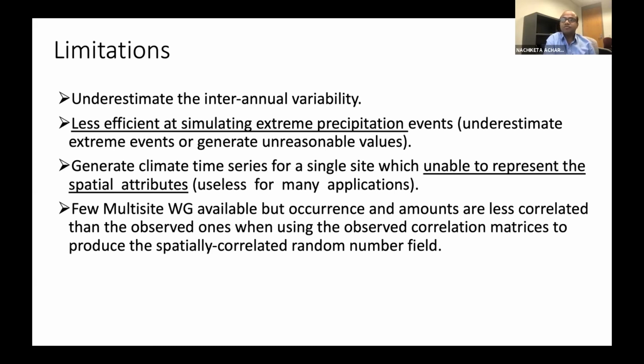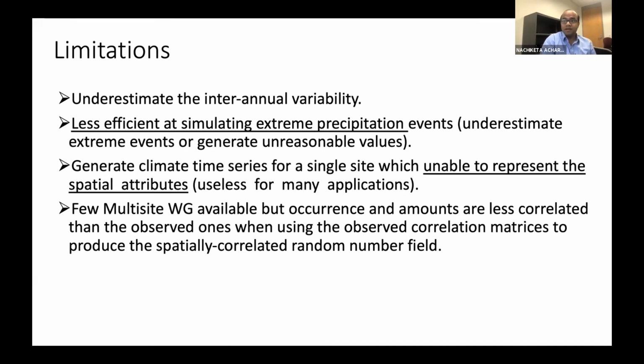That means suppose we have a huge watershed or huge data set, you have to develop this method for all the different sites. The limitation of most weather generators is that they are very independent. That means each weather generator is fit for one single site. There's no information from the other sites, which is very important in terms of impact studies.